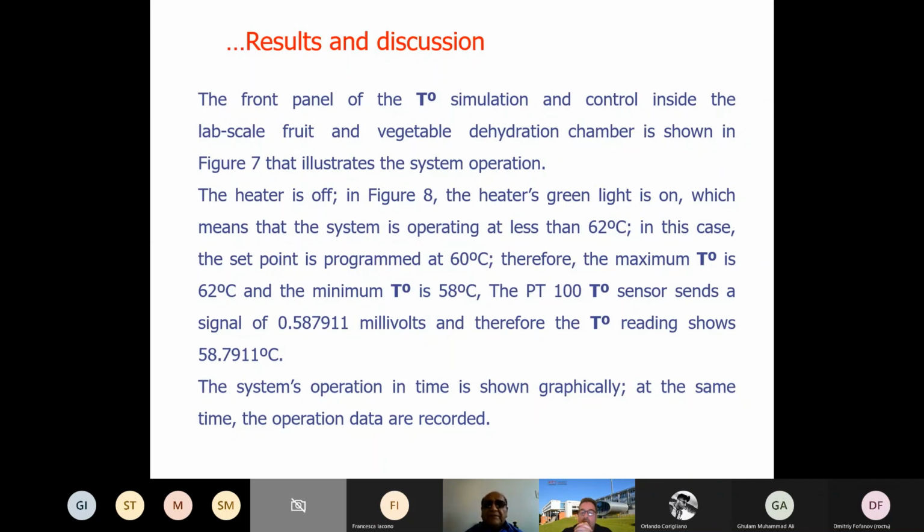The PT100 temperature sensor sends a signal of 0.5879 millivolts, and the temperature reading shows 518.79 degrees Celsius. The system operation time is shown graphically, along with the total time of the operation in which data are recorded.